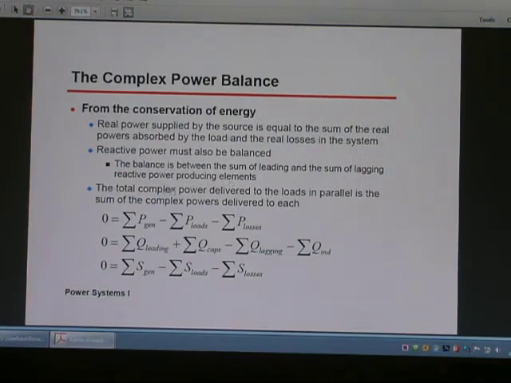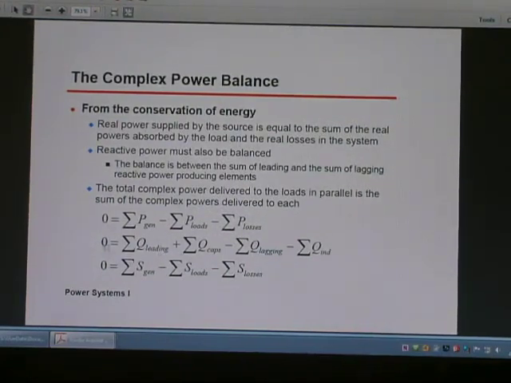The total complex power delivered to the load is the sum of the complex power delivered to each. Therefore, the summation of P generation, the generated power, minus the summation of P load, the load power, minus the summation of P losses, the losses, equals 0.